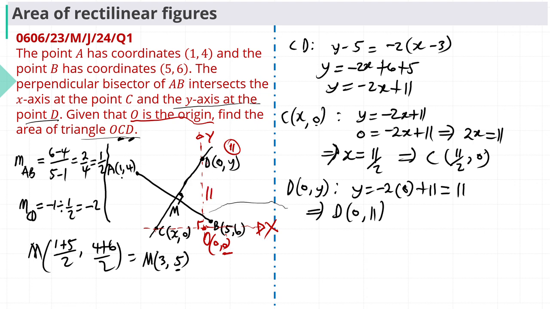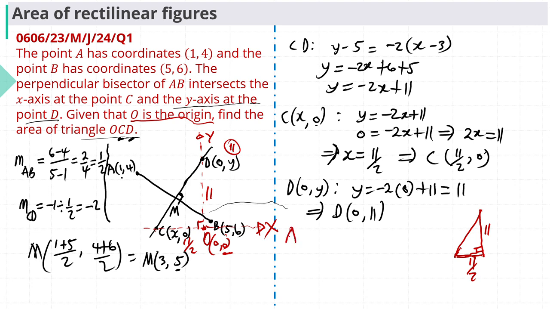Distance OD is 11, and distance OC is 11 divided by 2. That's why I take the change in the x coordinates: 11 divided by 2 minus 0 gives you 11 divided by 2.